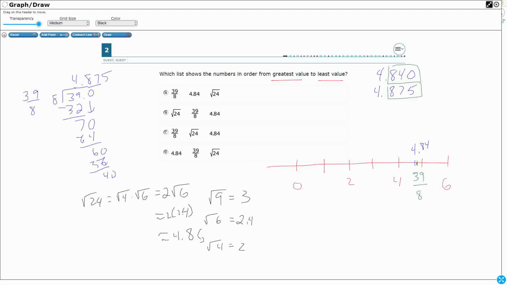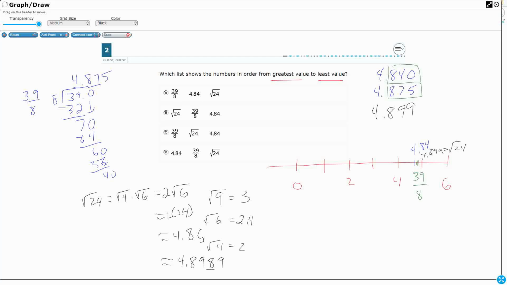We were close, but we need to make it a little bit higher. If we want to go to 3 spots, we're going to say 4.899, so that rounds up. And that 4.899, the square root of 24, is actually going to be the largest.